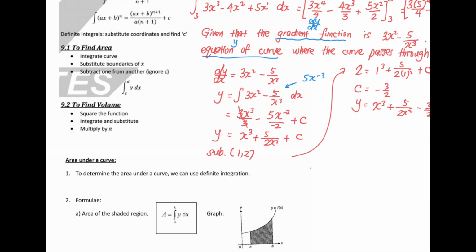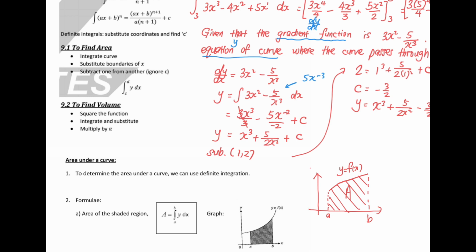To find area, right? So let's say you have a curve like this, y equal to f(x). And let's say you want to find the area from A until B. So you want to find this area.